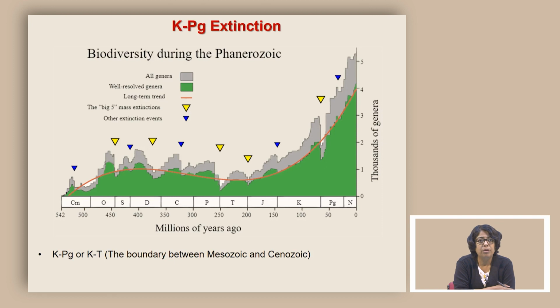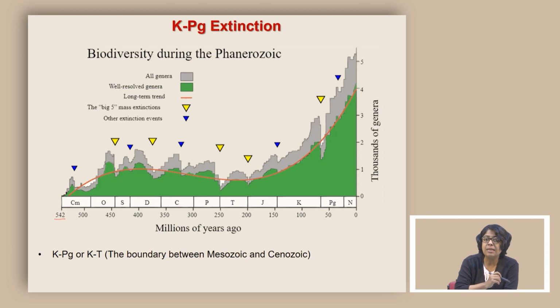So, as we know that the diversity of organisms changed over time. If we look at the Phanerozoic diversity starting from Cambrian, that is 542 million years ago, it has gone up and down, but overall the pattern shows an increase, especially since last 200 years.